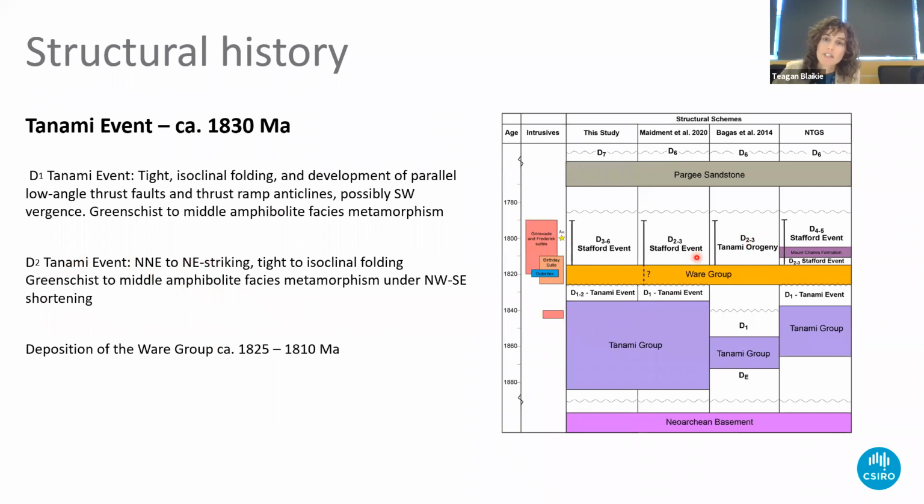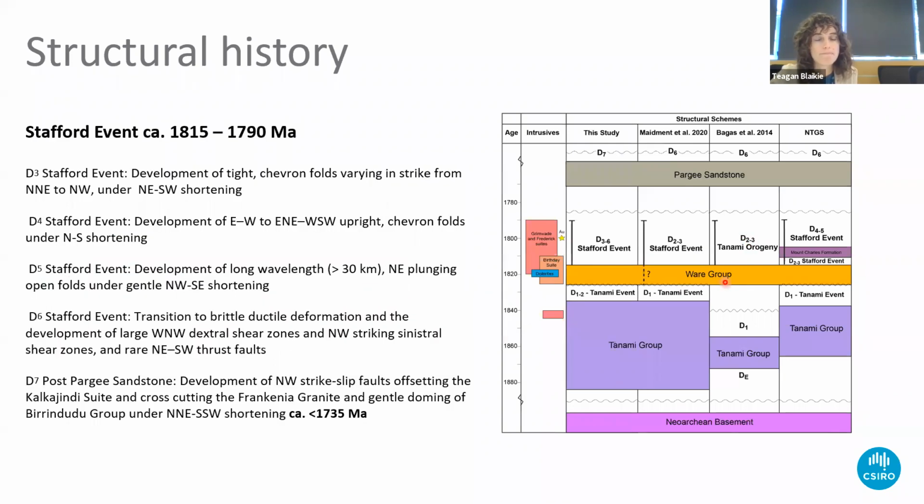Following this, we actually have the deposition of the Ware Group. The Ware Group does not preserve evidence of these first two deformation events, but we do see fold overprinting relationships and fault overprinting relationships consistent with deformation attributed to the polyphase Stafford event between 1815 and 1790.